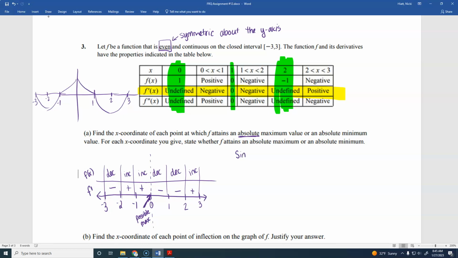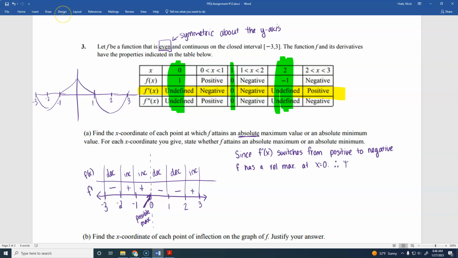So since f prime of x switches from positive to negative, f has a relative maximum at x equals 0.